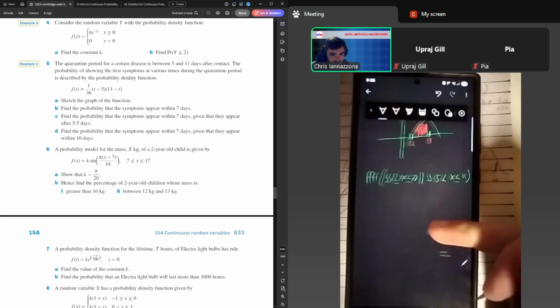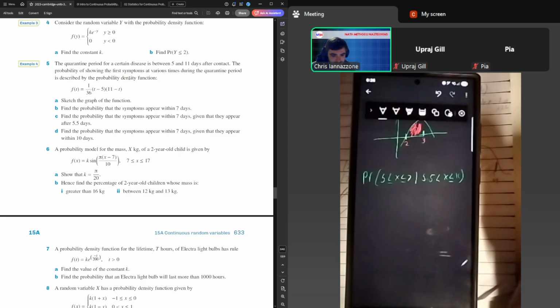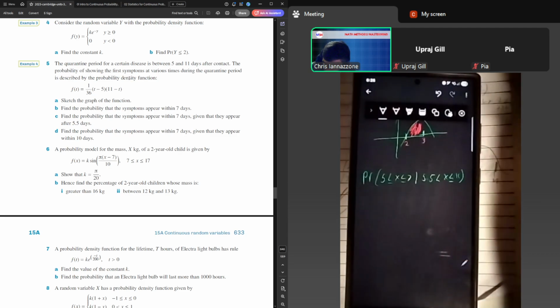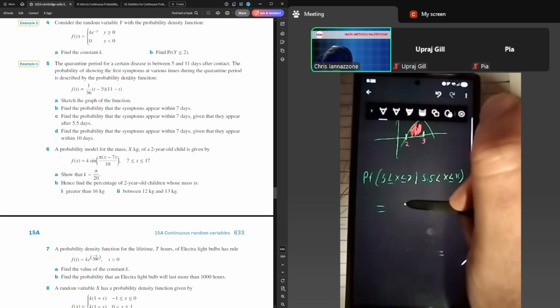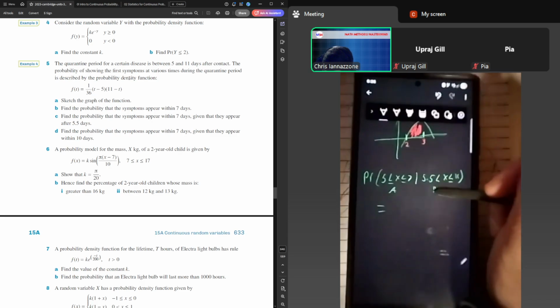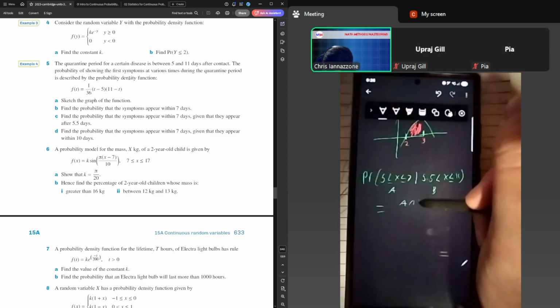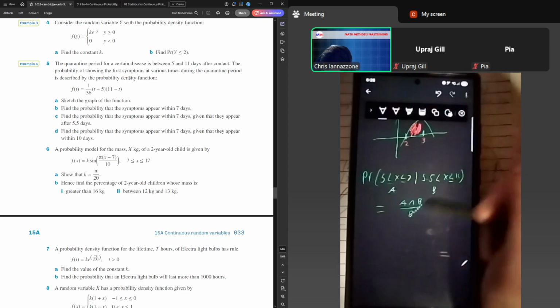And so that is a big, nasty conditional probability thing, but still, let's just call this A and B for simplicity. You do the A intersect B, and you divide by the B.